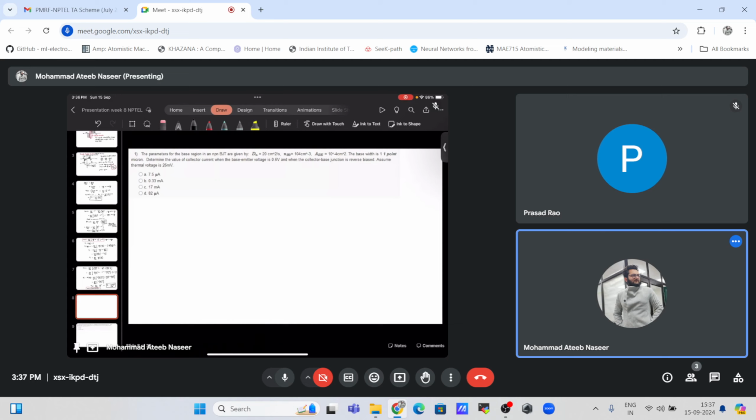We need to control these two PN junctions in order to operate the device. In the forward active mode, which is the normal operating condition of any BJT, the base-emitter PN junction will be forward biased and the base-collector junction will be reverse biased, in order to sweep all the carriers coming from the emitter directly to the collector.